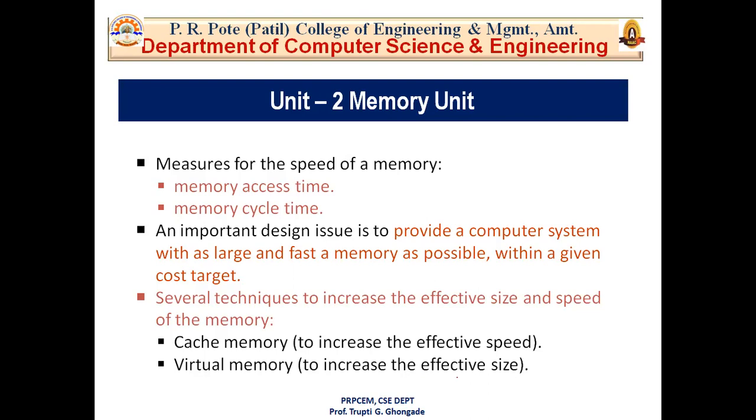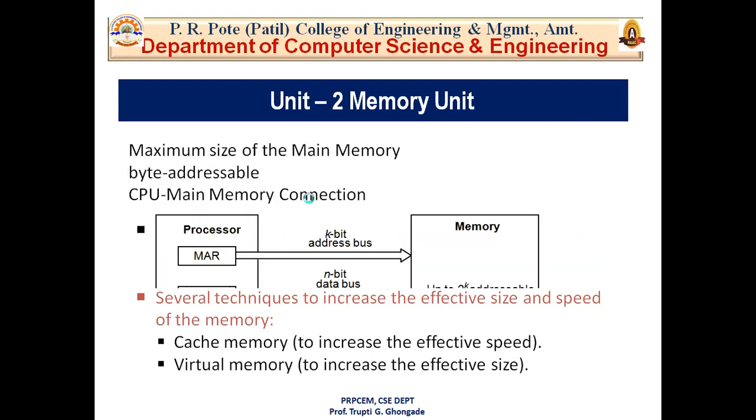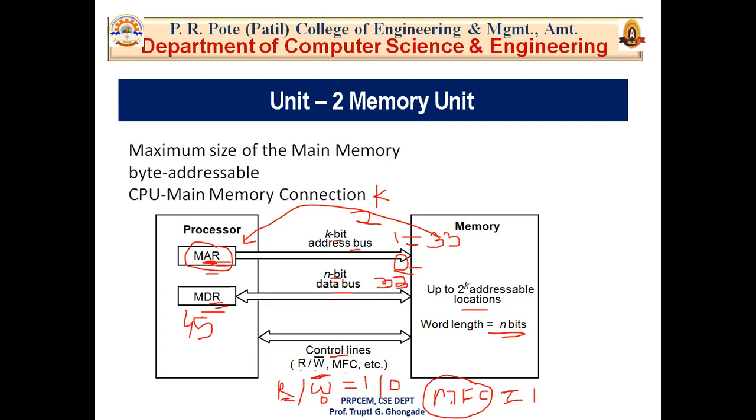It depends upon the time that elapses between the initiation of an operation and the completion of that operation. For example, the time between Read and the MFC signal is referred to as memory access time.